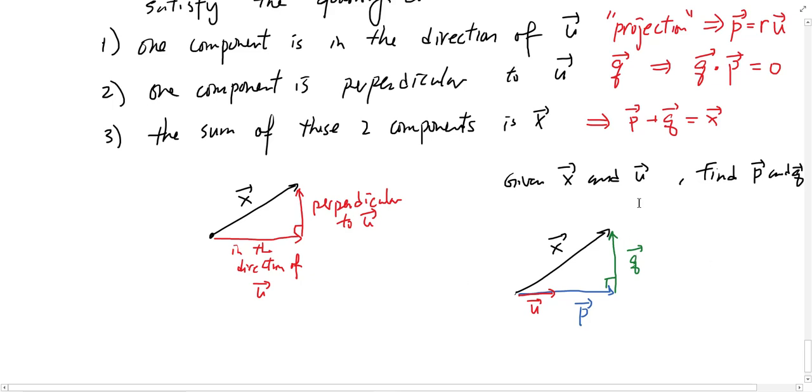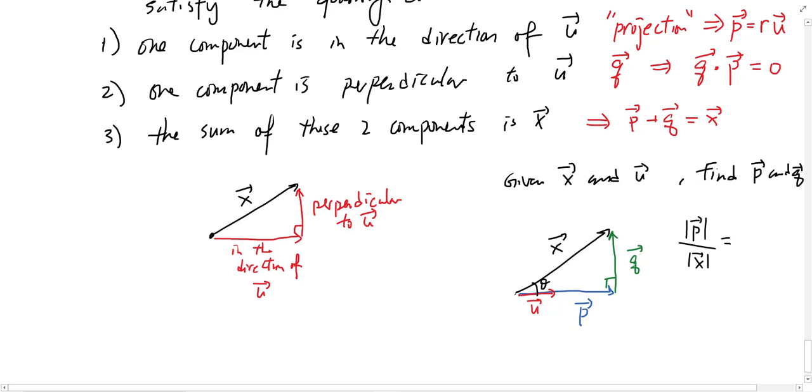If you look at this picture right here, guess what it looks like? It's a right triangle. So, as indicated in this picture, the length of p over the length of x is equal to, and I can use any angle I want, but I want to use this angle because this is the angle that I actually know.